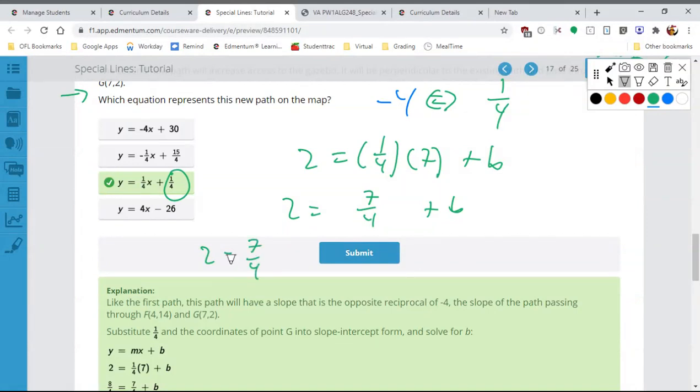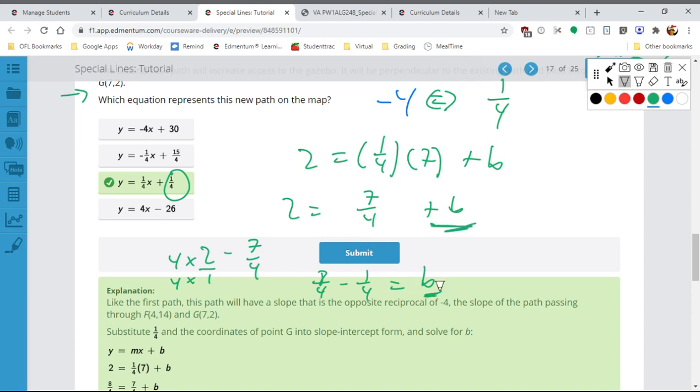If you guys are still having trouble with fractions, let me know. I can explain this a little bit more. I want to make this 2 over 1 into something over 4. So I'm going to do that by multiplying the top by 4 and the bottom by 4. So I get 8 over 4 minus 1/4. And that's my b.